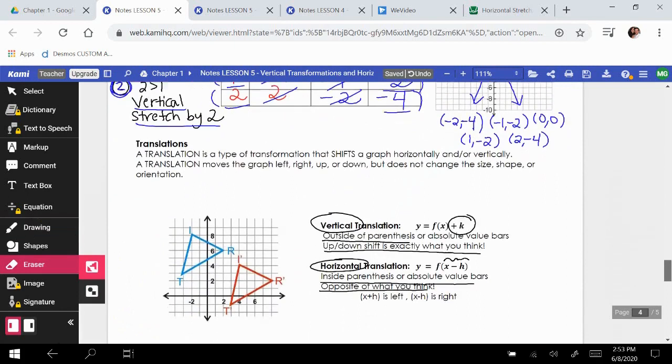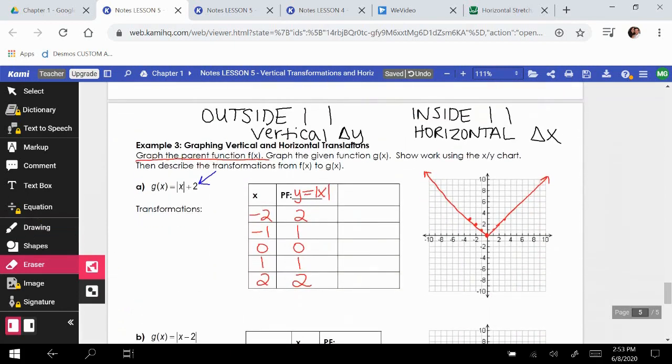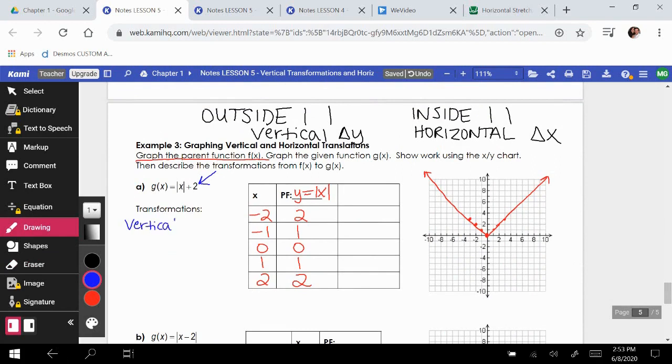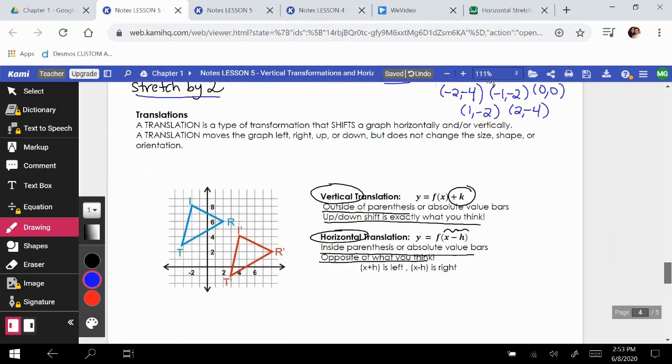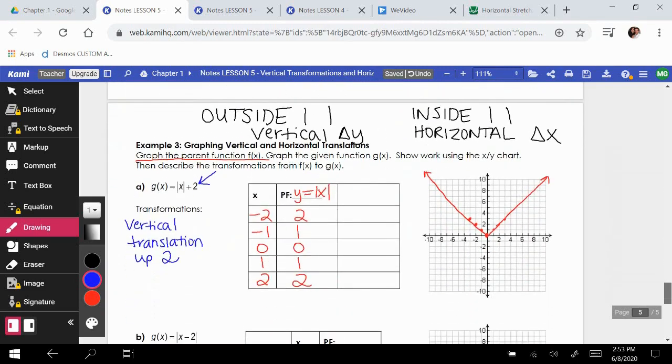Okay, let's go back down here. So I'm going to say that this is a vertical translation up 2. Okay, and what do I do for vertical translations? What do you think I do to move something up?